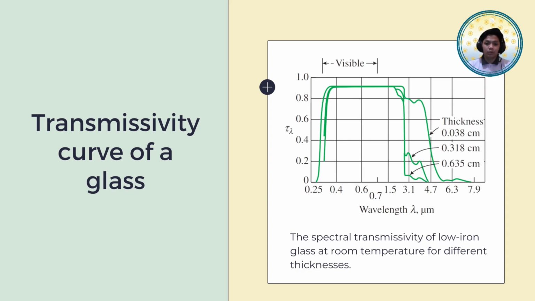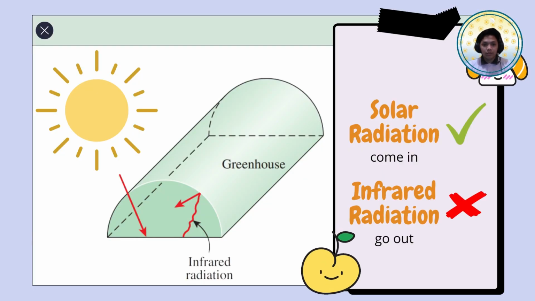Therefore, glass has a transparent window in the wavelength range 0.3 micrometers to 3 micrometers in which over 90% of solar radiation is emitted. What happens is that glass allows the solar radiation to enter but does not allow the infrared radiation from the interior surface to go out.